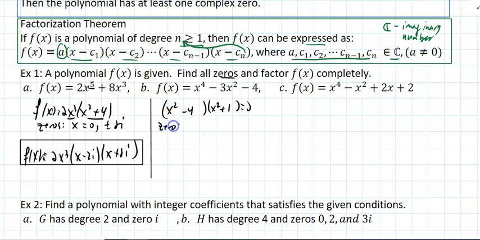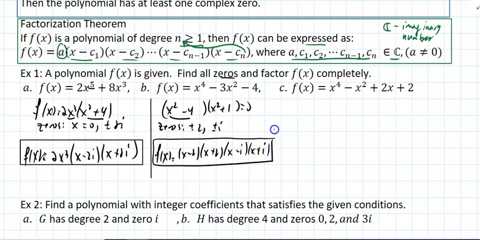I would say the zeros are plus or minus 2 and plus or minus i. So I could write f of x as x minus 2, x plus 2, x minus i, and x plus i. And that would be my answer.